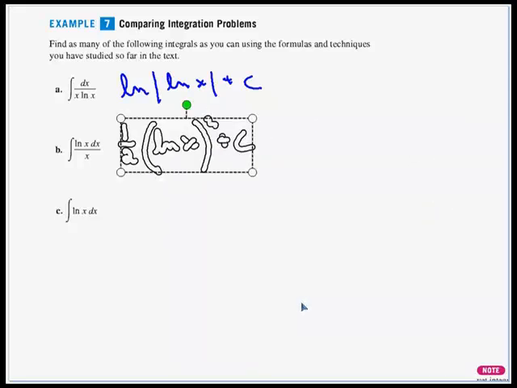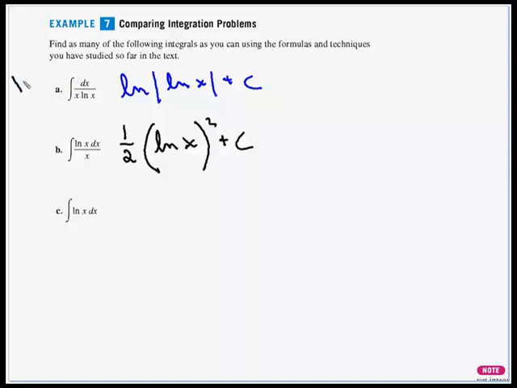So first we had a natural log. This was a log rule. This was a straight up power rule.